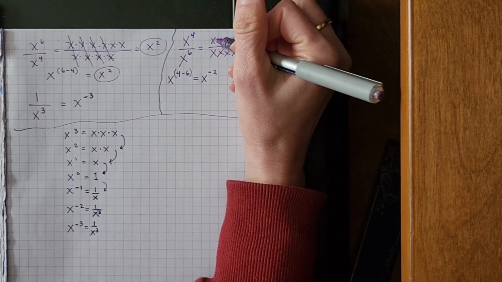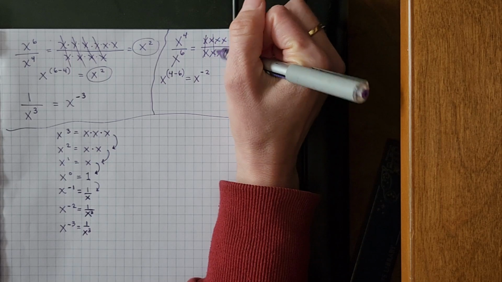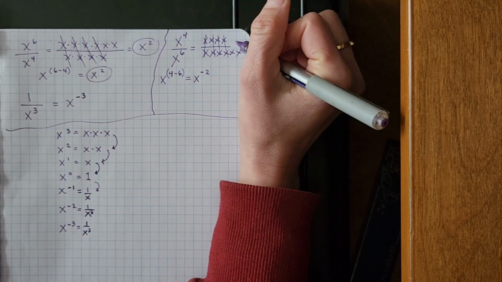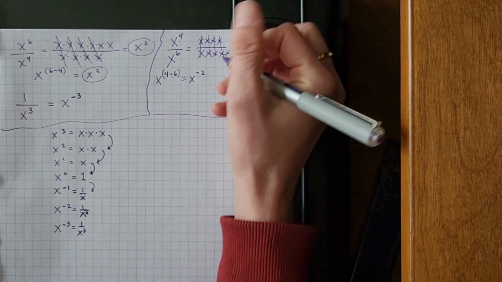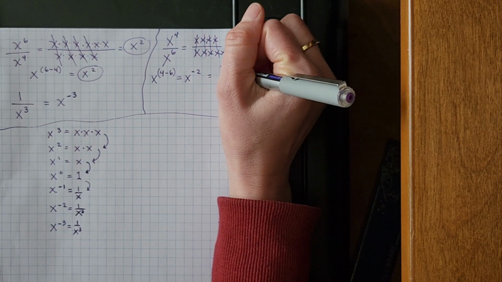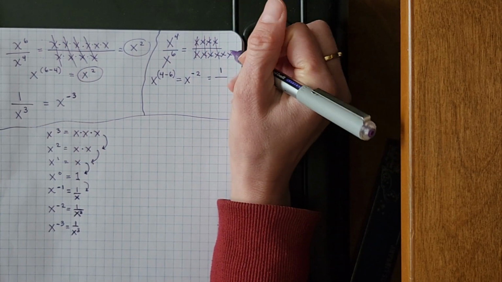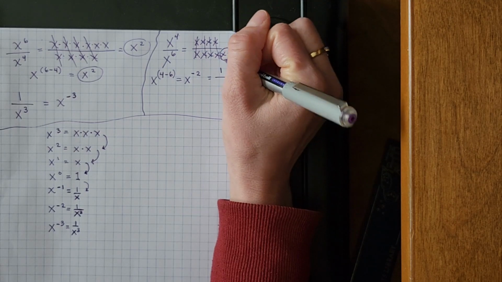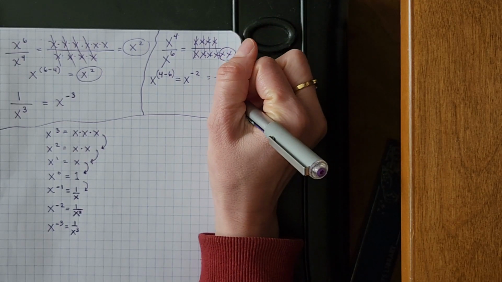Okay, well, and indeed, if we actually write this out, cancel, cancel, cancel, cancel. If you cancel everything in the numerator, of course, that means that you have a 1 in the numerator. So we'll write that 1, and then we've got x squared in the denominator.